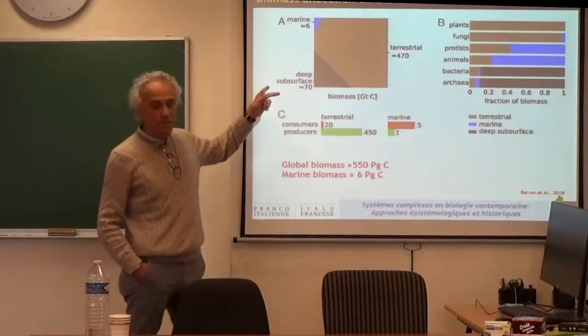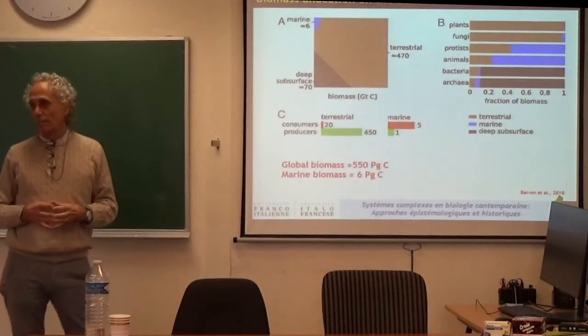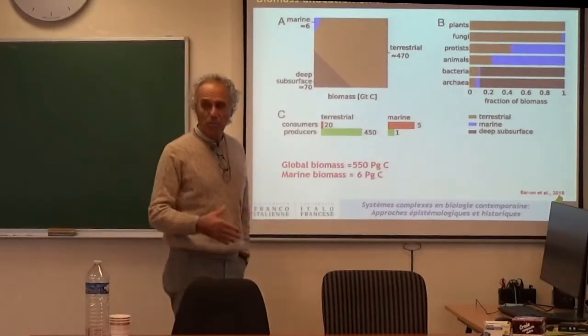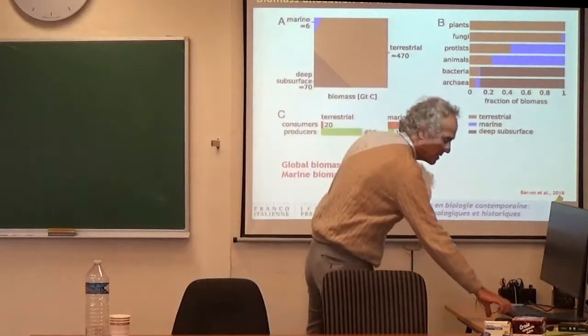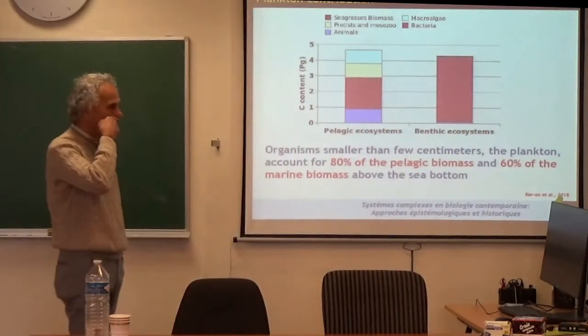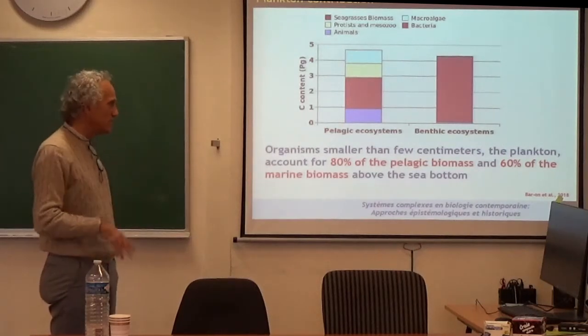But the big contributors of the biomass on land are the structural parts of plants, so trunks, etc. So the imbalance is not so strong, but still, marine biomass is much lower than terrestrial biomass. And if you focus on the role of plankton, this is something quite new and interesting.